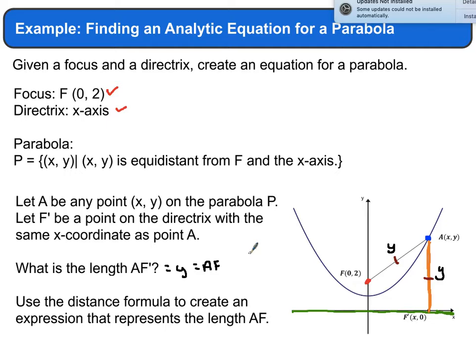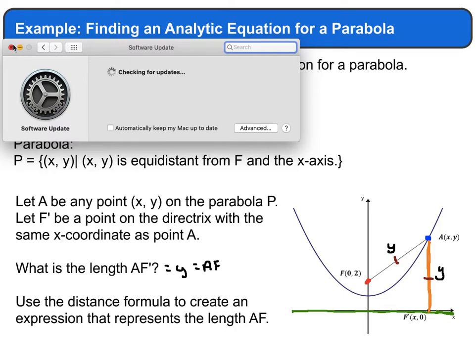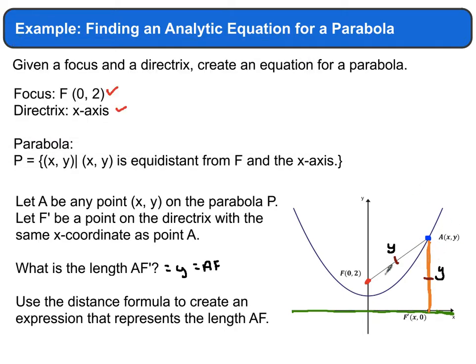Now it says use the distance formula to create an expression that represents the length of AF. So remember, we talked about that in that design. There we go. And so we said that the distance formula for AF, the distance of AF, would be equal to the distance between the two.